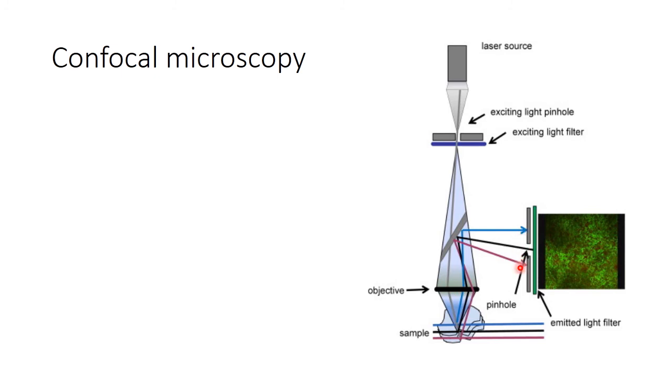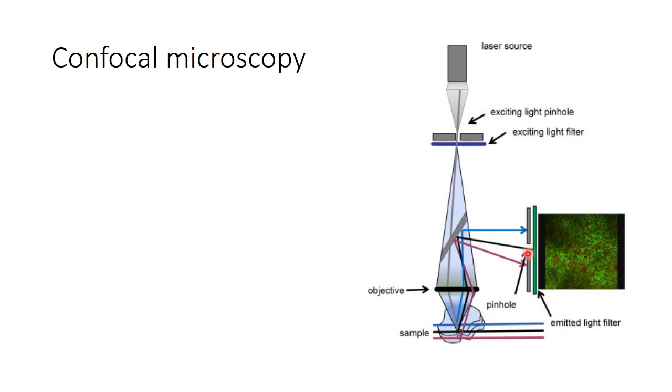So the light coming from other planes is blocked, and light coming from only one plane, represented by this black ray of light, is allowed to be collected by the lens. Hence these light rays coming from only one plane contribute to the image of that object.